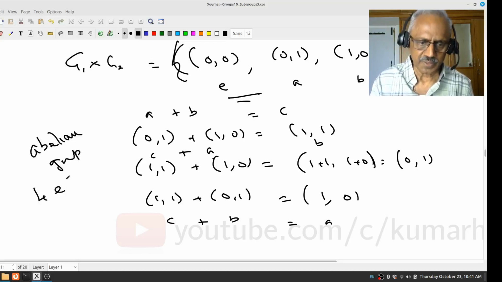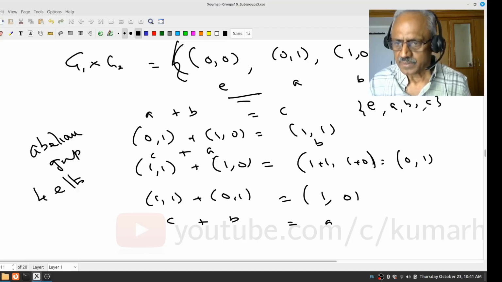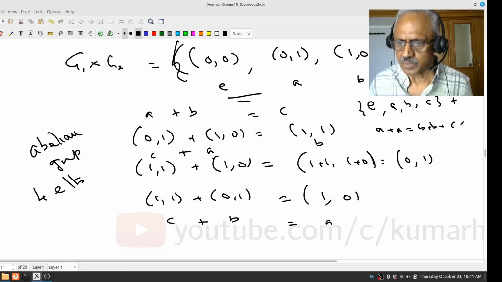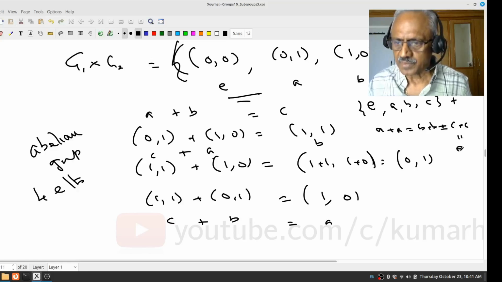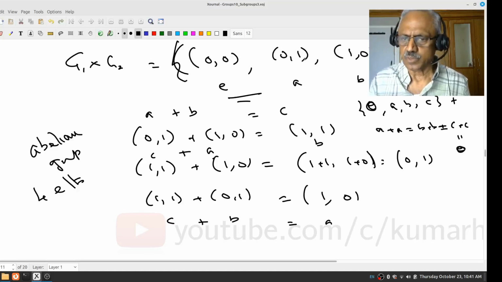4 elements are there. If you denote them by E, A, B, C, and assume the group operation is addition, then A plus A equals B plus B equals C plus C equals E, maybe write it as 0. A plus A is (0, 1) plus (0, 1), that is (0, 1+1), which is (0, 0). You understand?